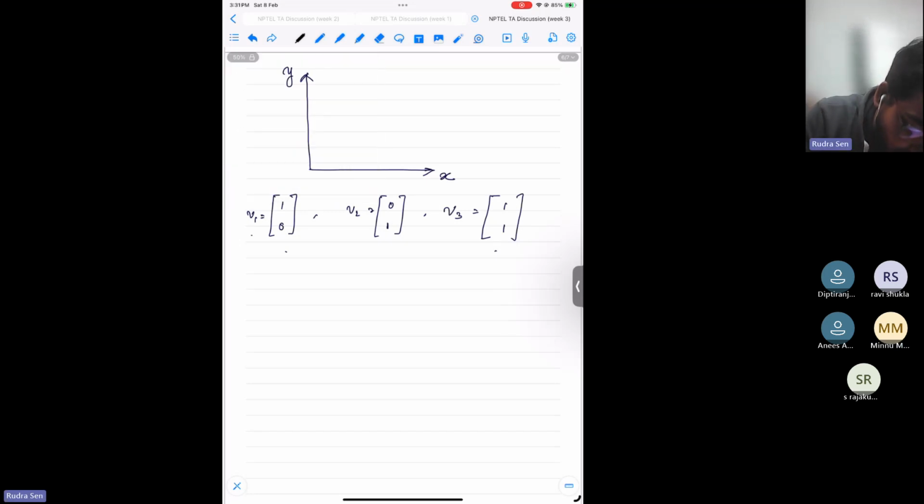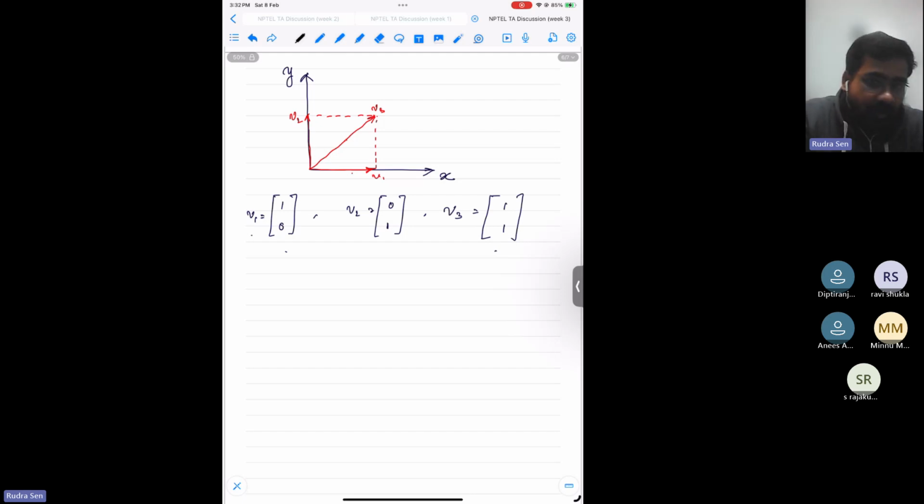If you picture it, let's say this is one vector, V1, and this one is V2. Using this vector addition format, this is V3. So V3 and V2 are linearly independent, V3 and V1 are linearly independent, but V1, V2, V3, these three are not linearly independent.